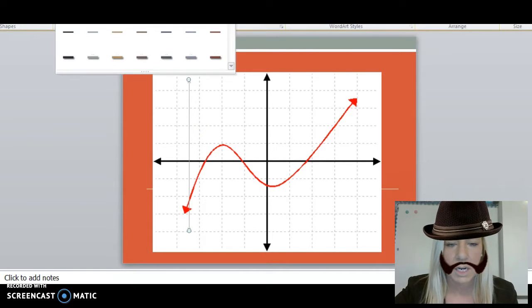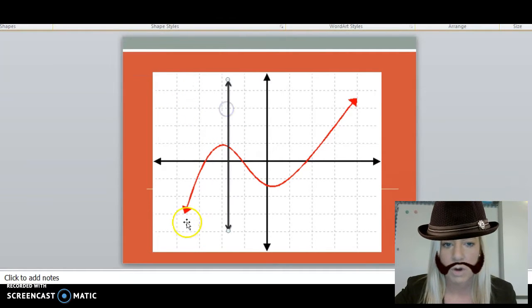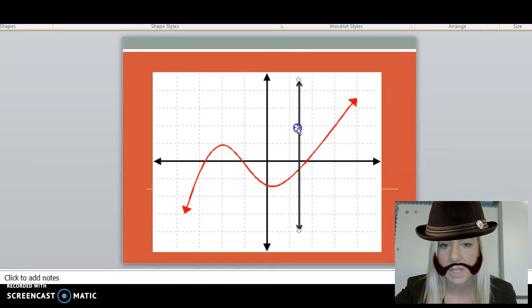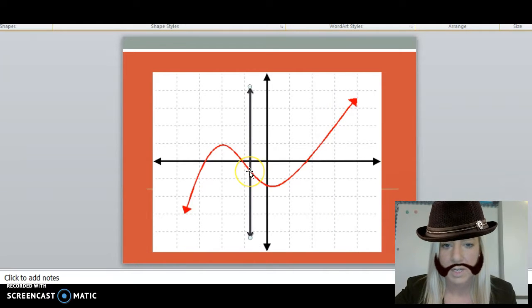And in order for this to be a function, this line can only cross the function at one point. So no matter where I move this line, it's only crossing the function at one point, whether it's here or here.